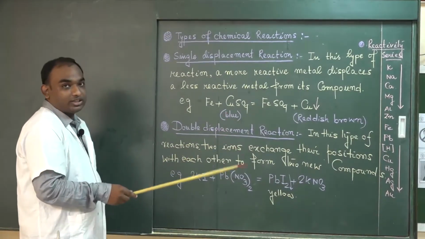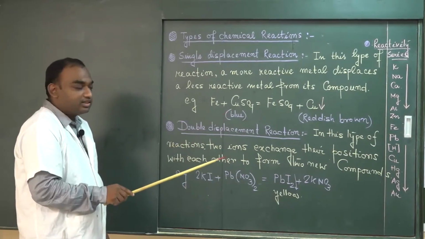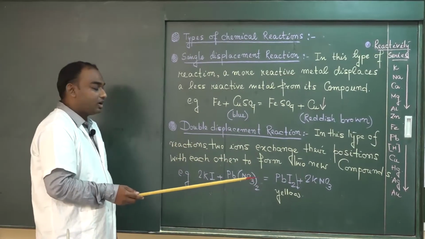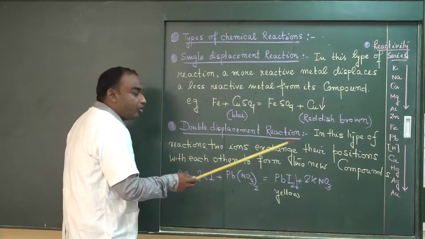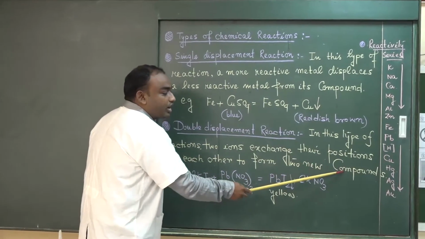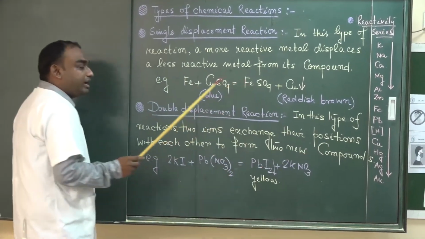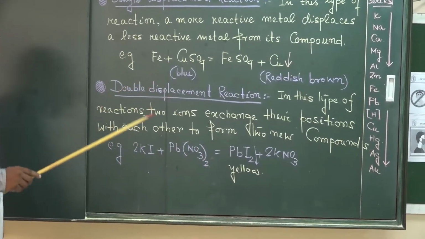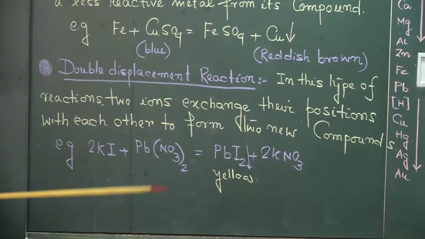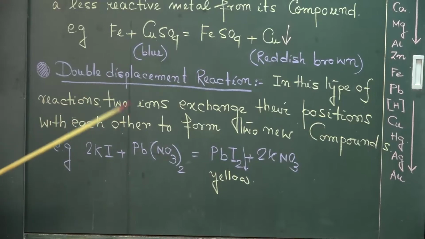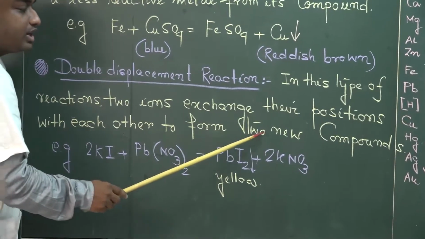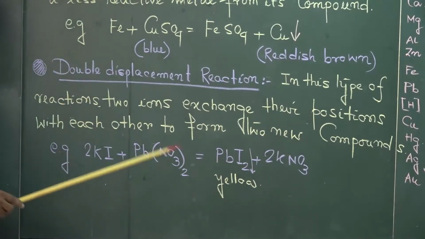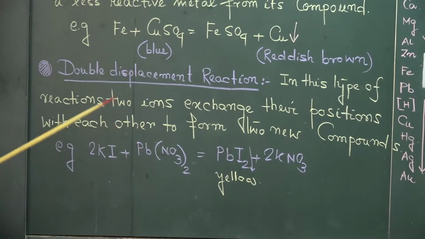Obviously, when the two ions exchange their positions, we get two new compounds. So in double displacement, two ions exchange their positions and finally we get two new compounds. The reaction has been written on the board.